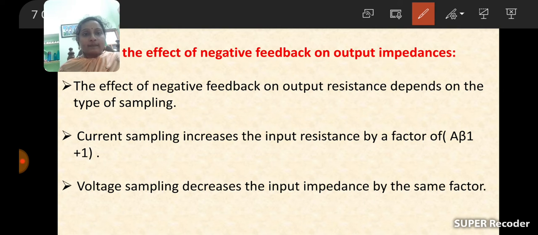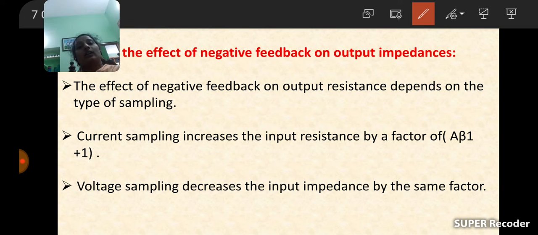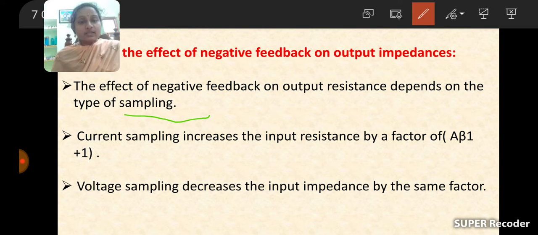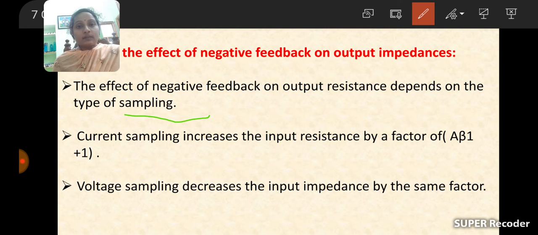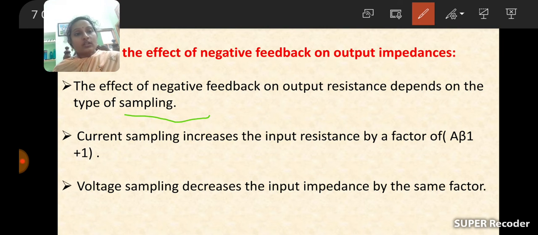In this way, negative feedback affects the output impedance because of sampling. What is meant by sampling? Collecting a fraction of the output from the whole output is called sampling.